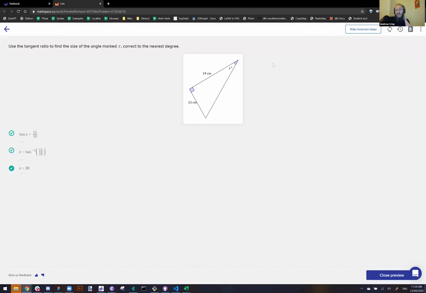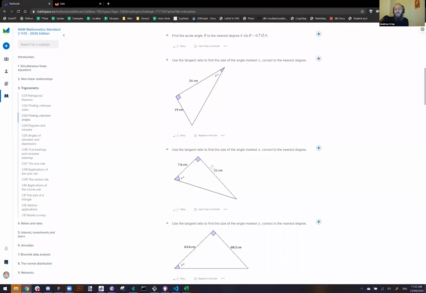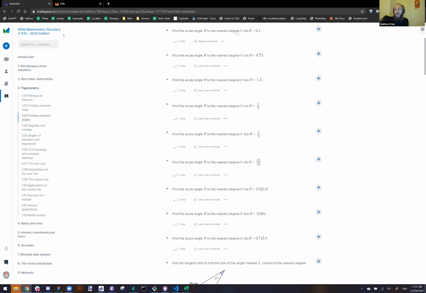So what was tricky about this question? Well, if I had told you at the beginning that this was the equation, then this part is easy. Well, it might not be easy, but once you've done enough practice on these questions at the top of the set, you'll be used to doing inverse tan or inverse sine or inverse cos.